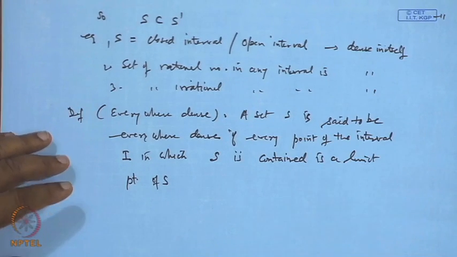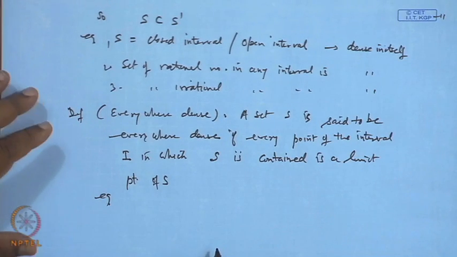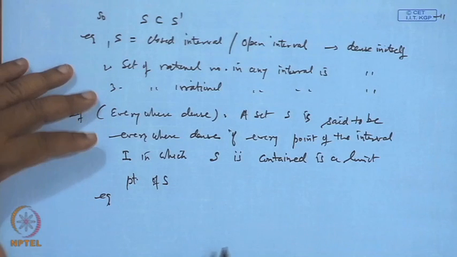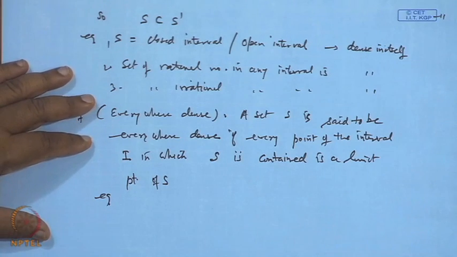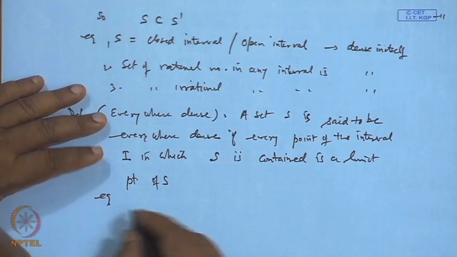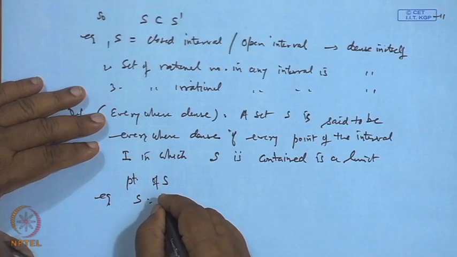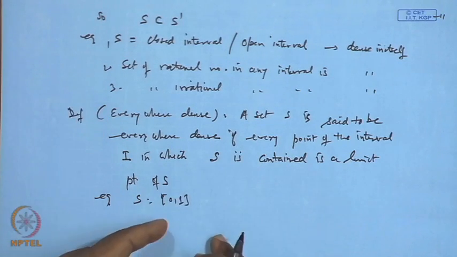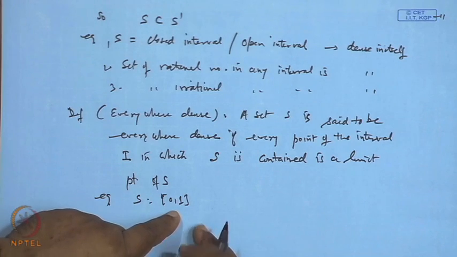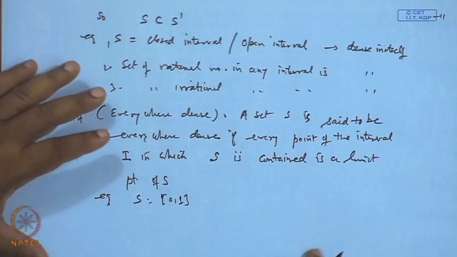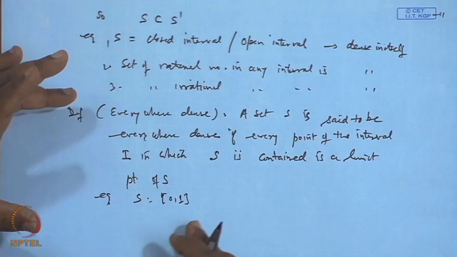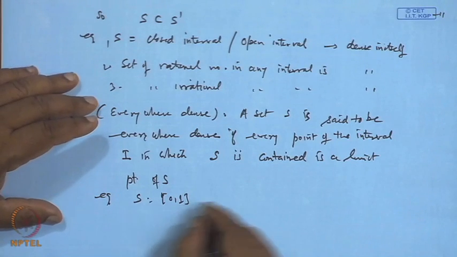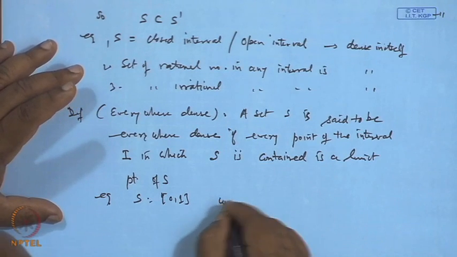For example, if we take S as the closed interval 0 1, then this is everywhere dense, because the interval in which it lies is that same closed interval.